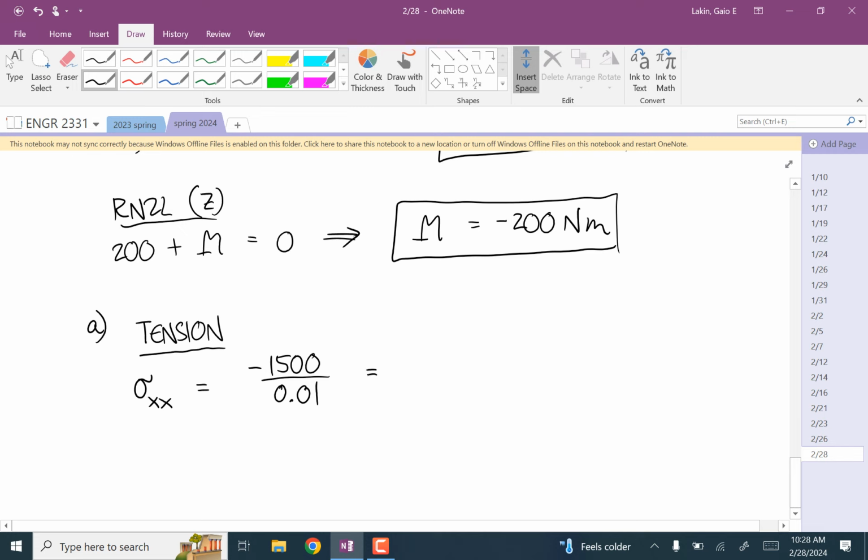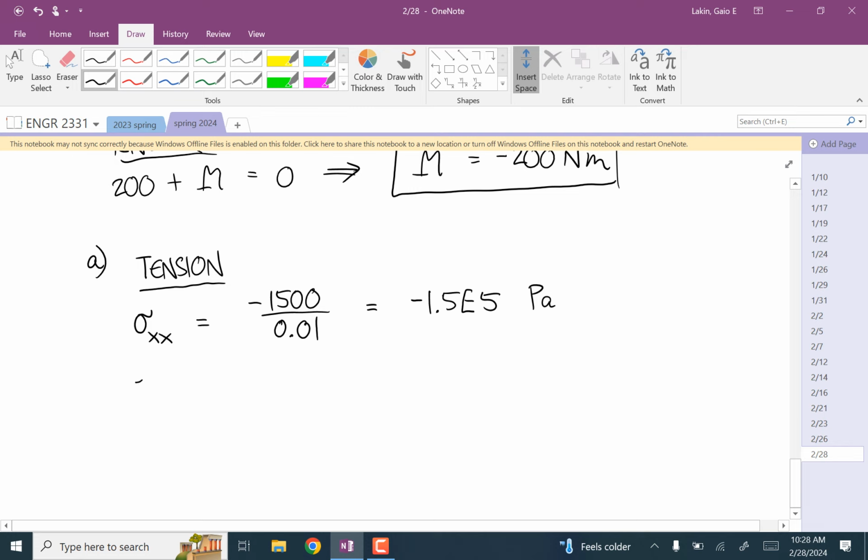And so you get a value of negative 1.5 times 10 to the 5. And so the stress tensor due to tension is negative 1.5 times 10 to the 5, 0, 0, zeros everywhere.